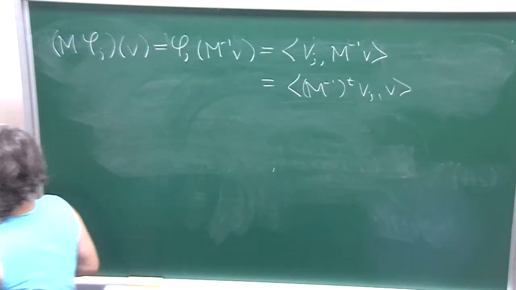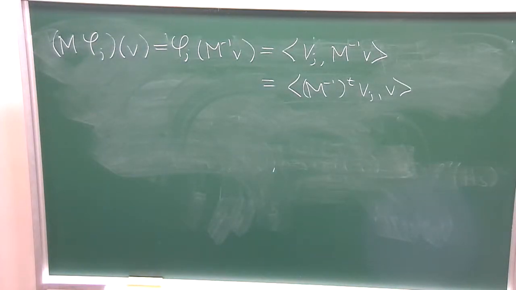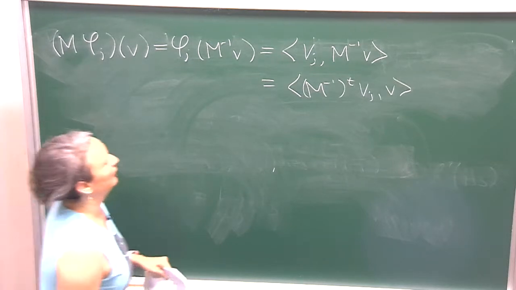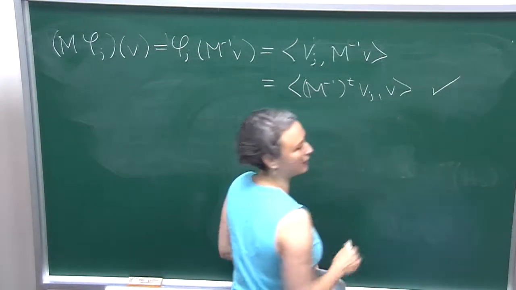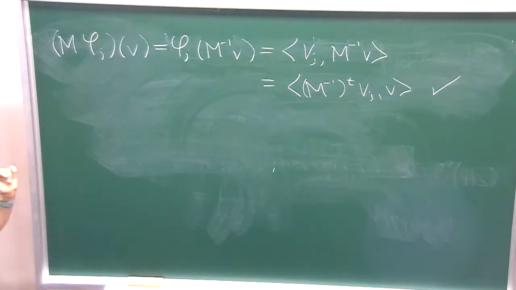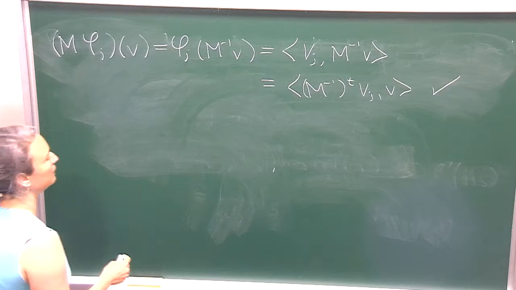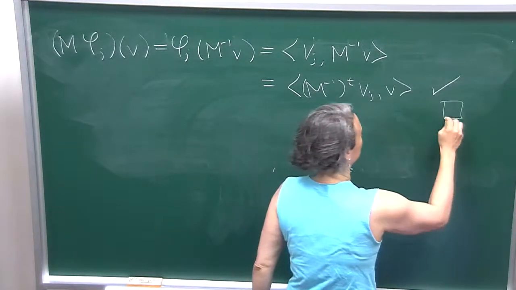And I guess technically over here I wrote A transpose inverse. Everybody knows that transpose inverse is inverse transpose. And so we get exactly what we want. Okay? Make sense? Okay, so does it make sense? So that's the end of this little explanation.